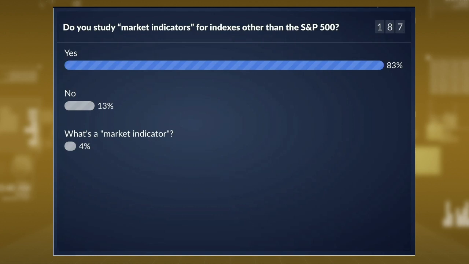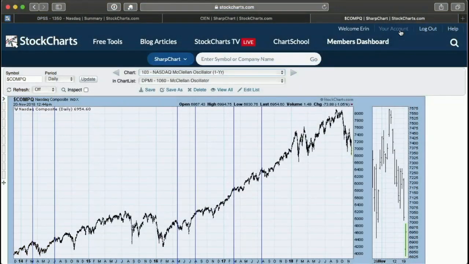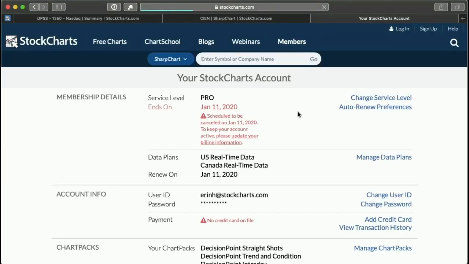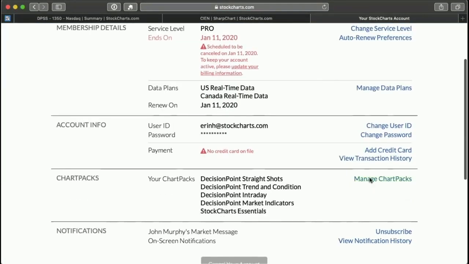Like I said, the Decision Point chart pack, just go to your account. In fact, I'm going to go ahead and I'll just do it really quick since I have a few minutes to explain how to get to it. All right. So from your member dashboard or even any page, go to your account and manage chart packs.